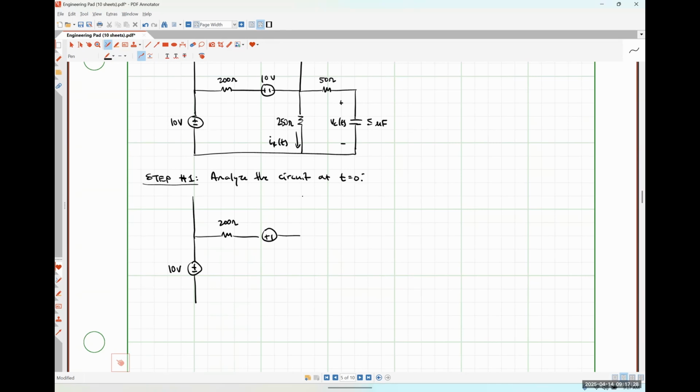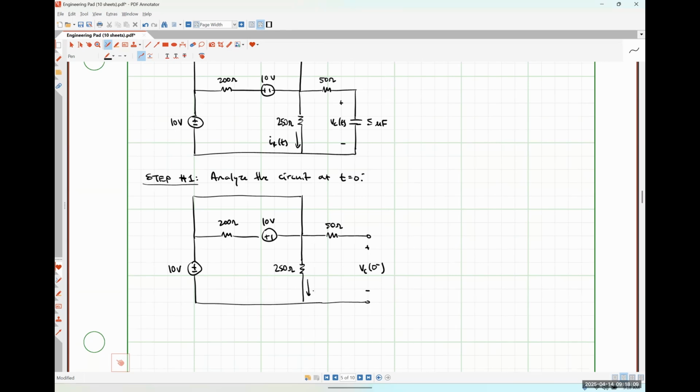We are going to have just a short circuit over the top like so. Here's our 250 ohm resistor, our 50 ohm resistor, and then because we're at DC steady state at t is equal to 0 minus, we're going to replace our capacitor with an open circuit.